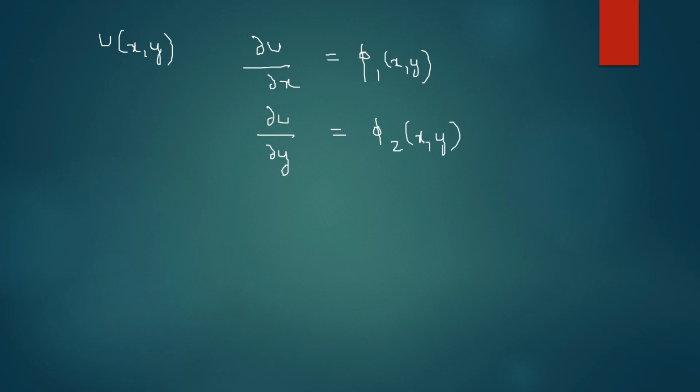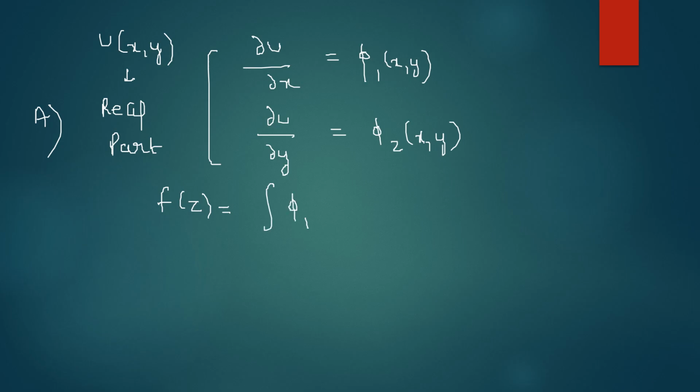This is when the real part u is given to you, you apply this method. Case 1, when the real part is given, you will find del u by del x and del u by del y. You will name them phi1 and phi2. Then the function which you want to create as an analytic function will be integration of phi1(z, 0) with respect to z, minus iota integration of phi2(z, 0) with respect to z, and then of course a constant.